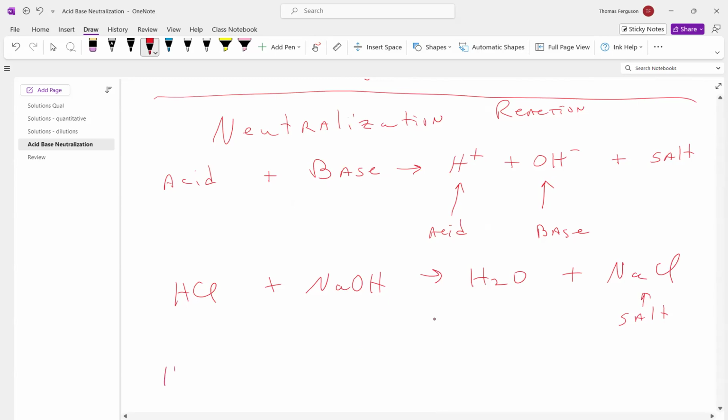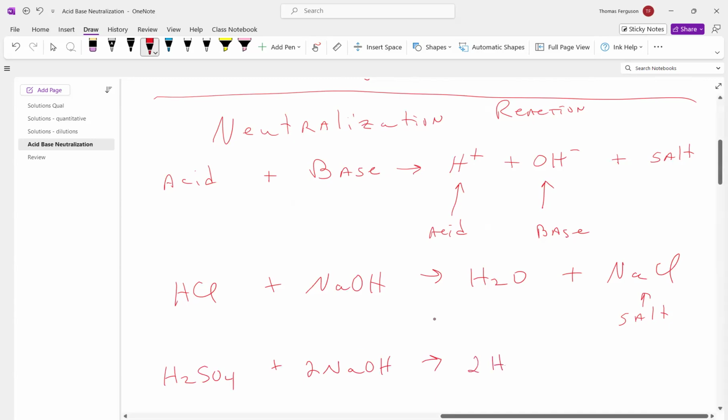We took sulfuric acid. Notice I put two NaOHs because it's sulfuric acid. I mentioned there were two H pluses coming off. That means we need two OHs to neutralize the two H pluses.